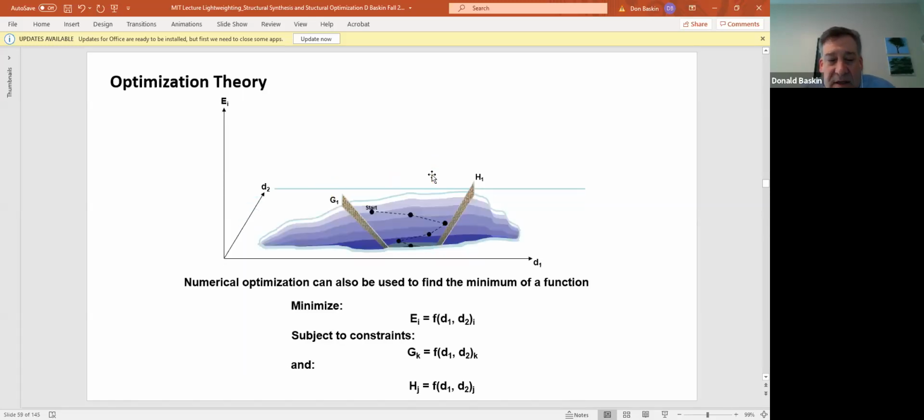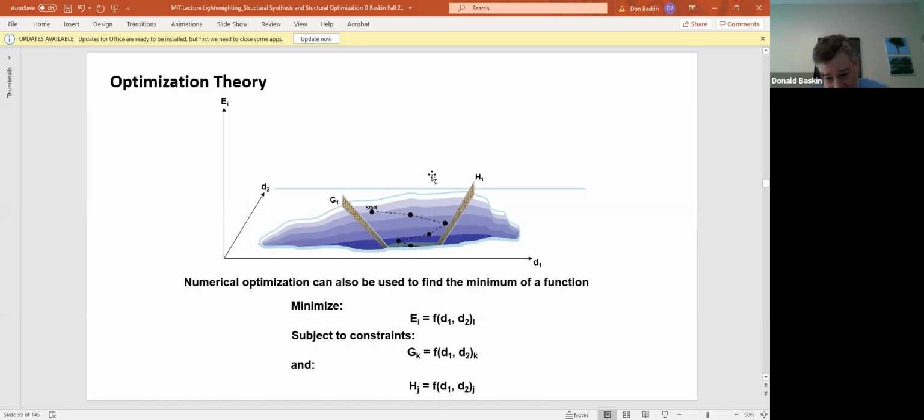I've shown this in a way that discusses hitting a maximum, but it also works for hitting a minimum. Just as we did when we were trying to reduce the weight of a structure, you're finding a minimum rather than a maximum. So you can go down into this valley or down into a crevasse or whatever it is, and you can do the same exact thing.